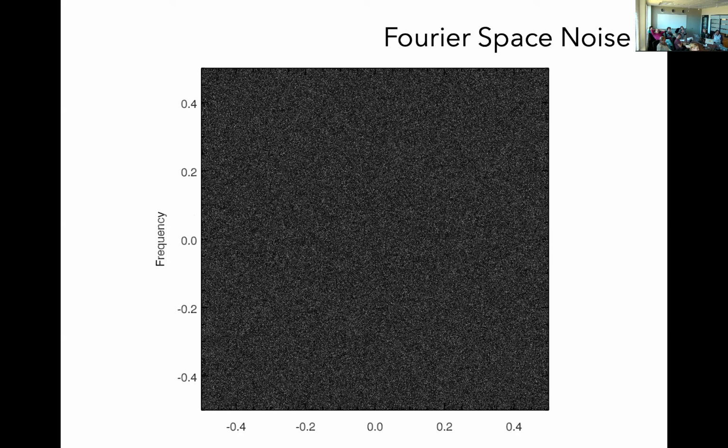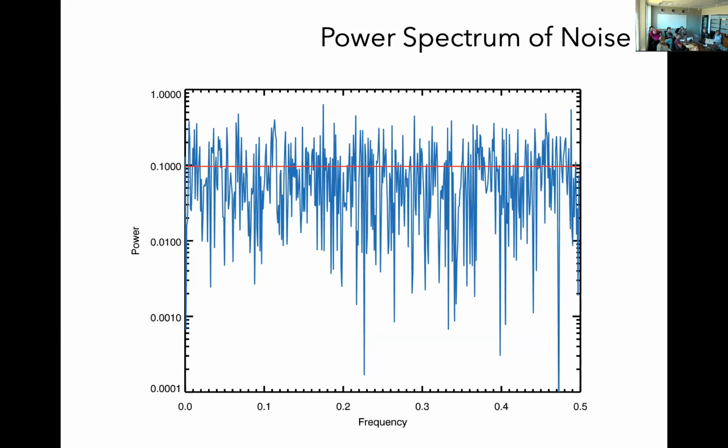So at all frequencies, I can take a slice, or I can look at this in 1D, and basically I just get my average power is the same at all frequencies for white noise. This is just a normally distributed white noise power spectrum. Some noise sources and detectors maybe have some structure to them, depending on the electronics.